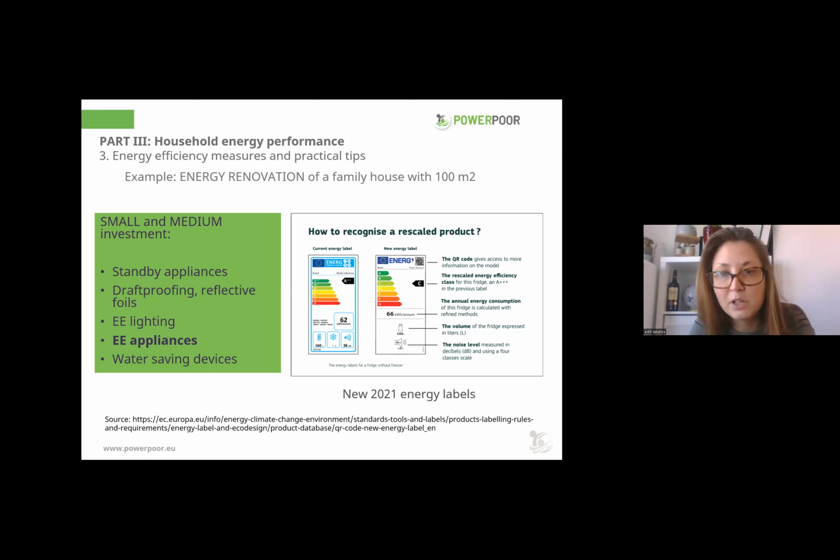You have the QR code that gives you information, and then the scale of energy efficiency. You also see information about the annual energy consumption on the label. So it's important to check before you invest in a new appliance.